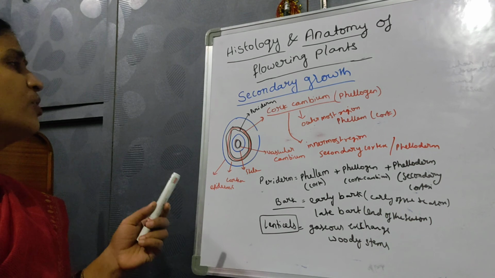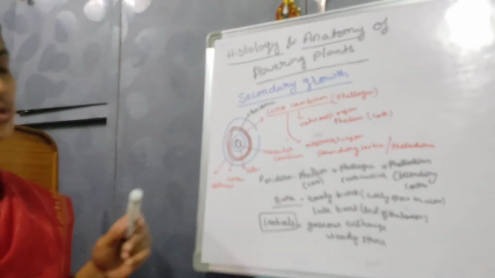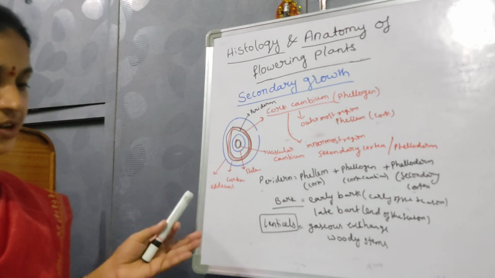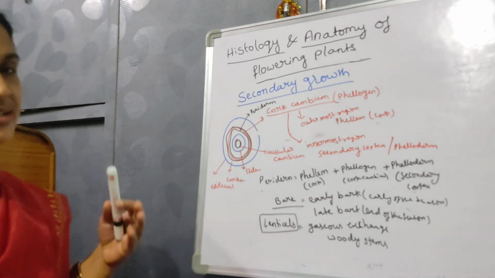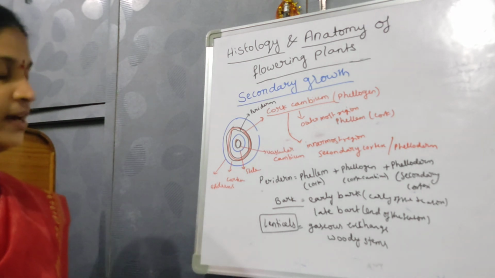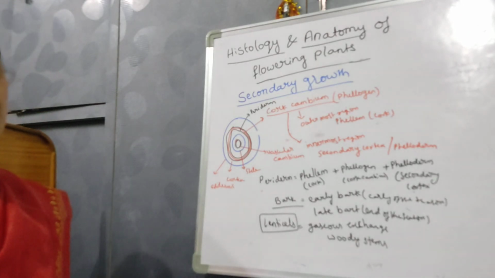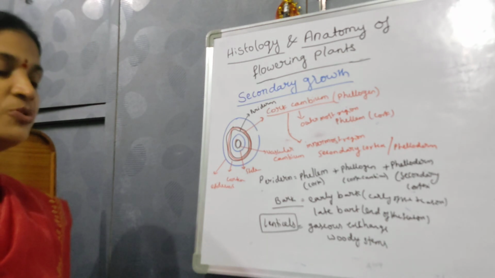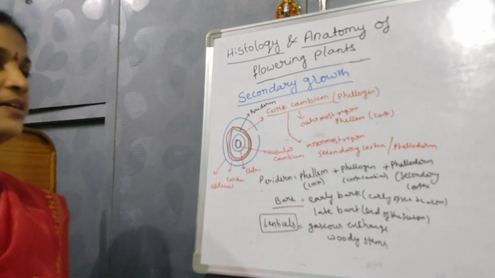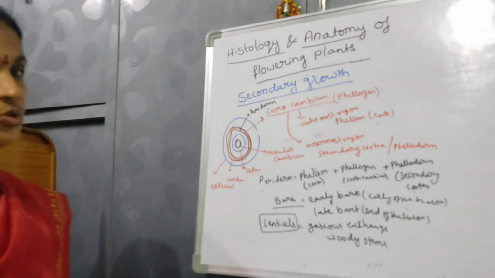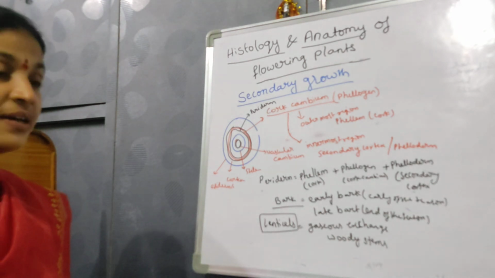Secondary growth is also present in roots. In dicots, in roots, the secondary growth is going to be there. They are going to form into protoxylem, metaxylem, protophloem, metaphloem, like that. And this secondary growth is also present in roots and stems of gymnosperms. So in angiosperms and gymnosperms, they are present. In dicots, both in roots and stems, they show secondary growth.